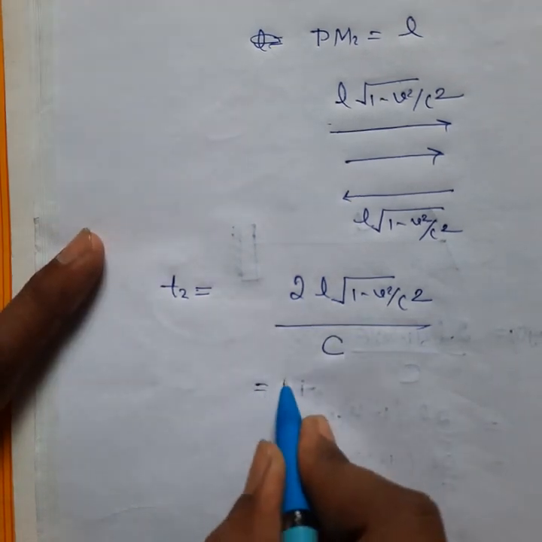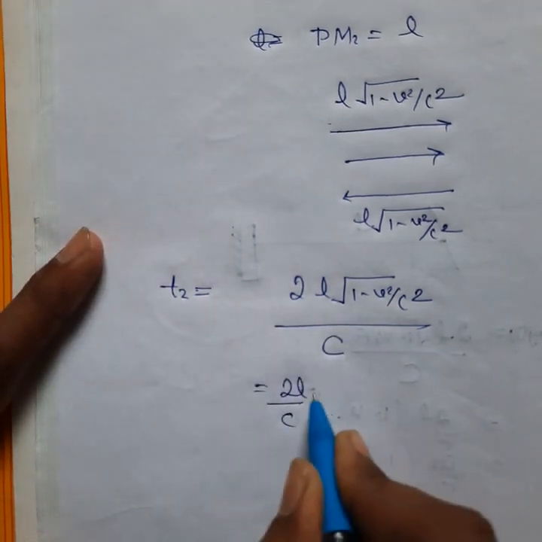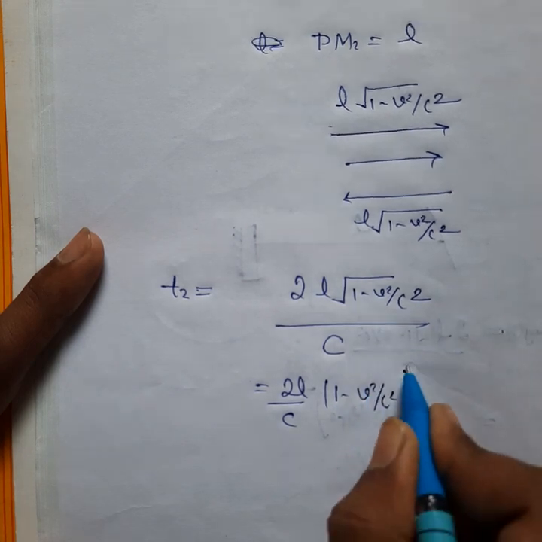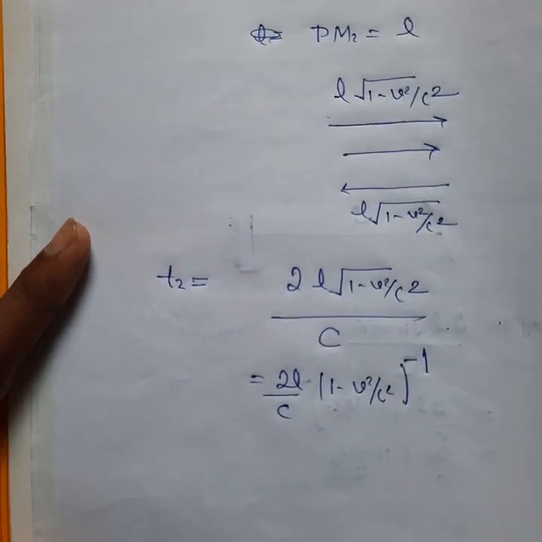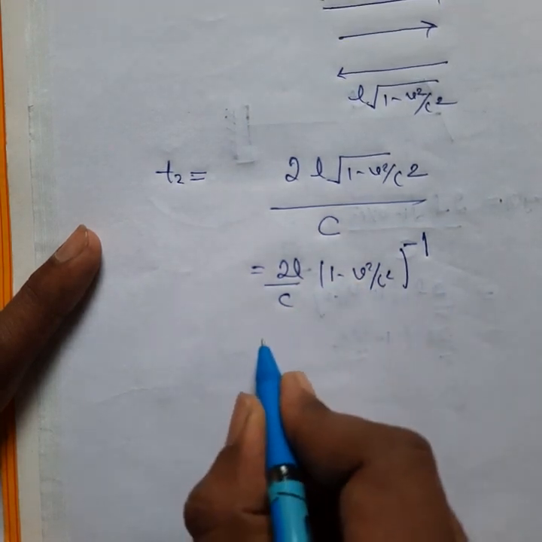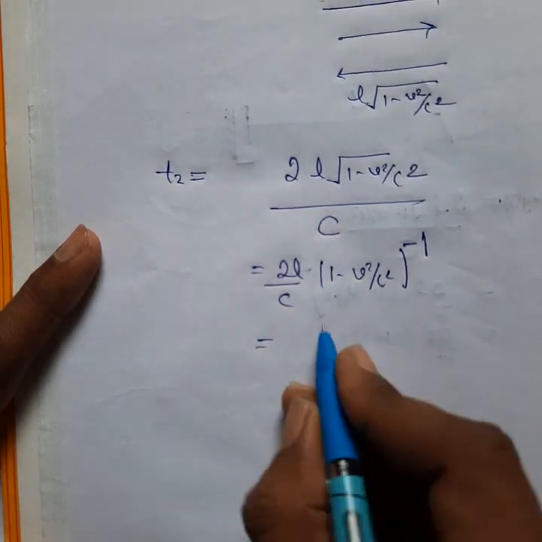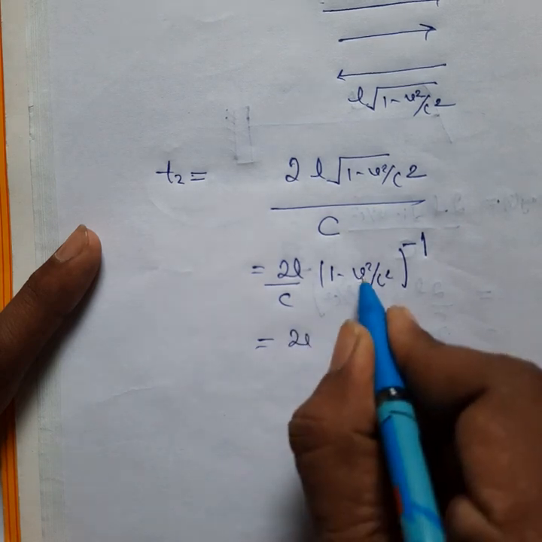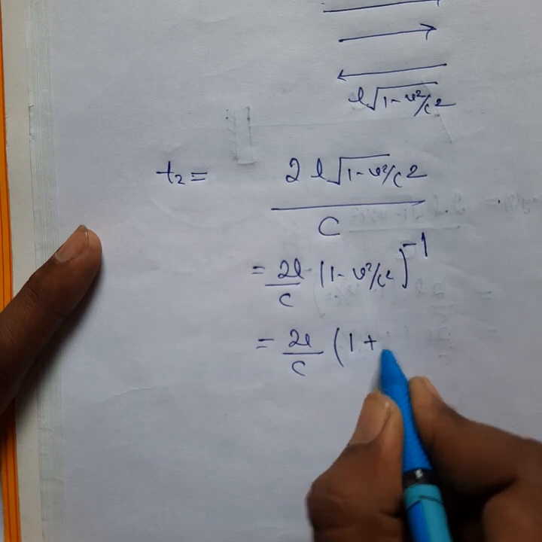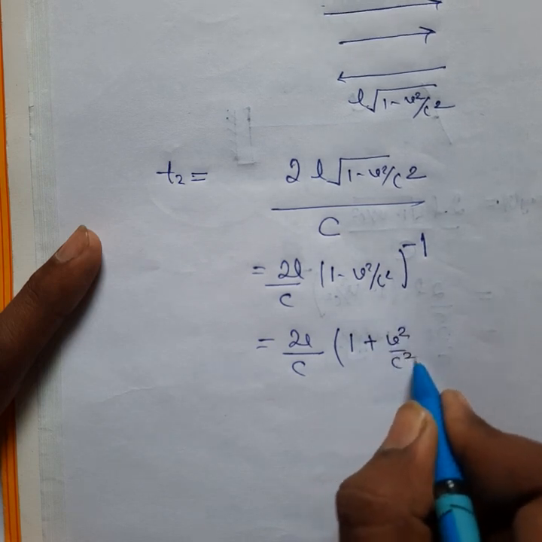Further simplifying, it is 2L by c times 1 minus v square by c square to the power minus 1/2. Then again we take the binomial expansion and neglect the higher order terms because v is very small compared to c. Therefore we can write here 1 plus v square by c square.